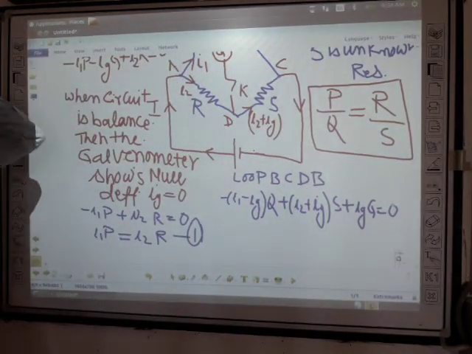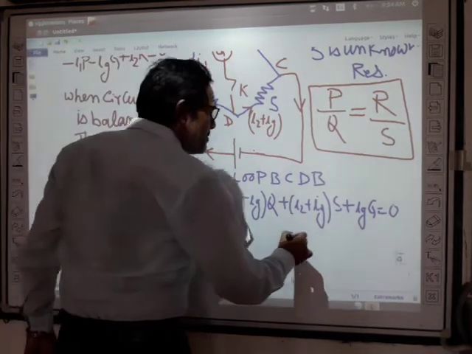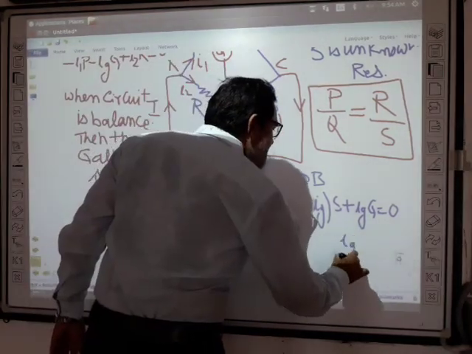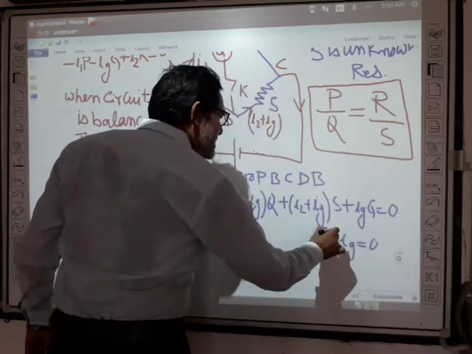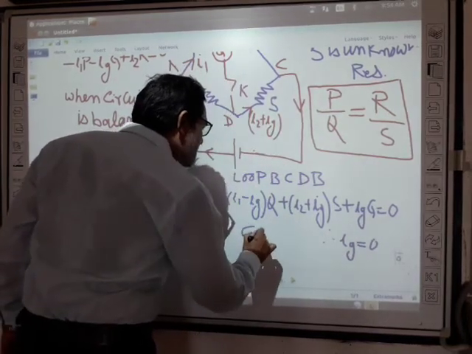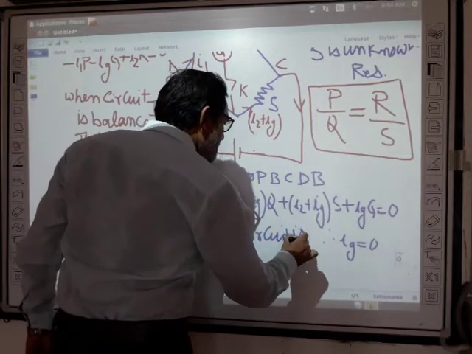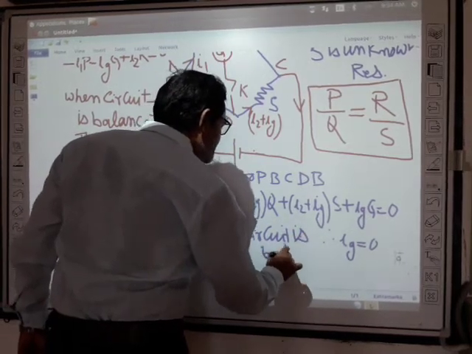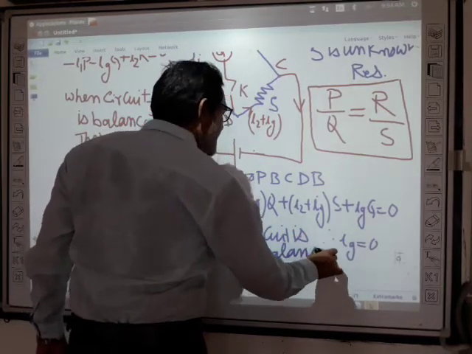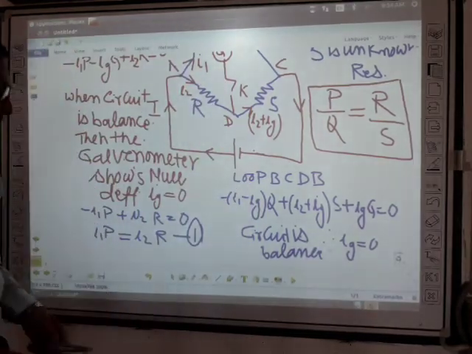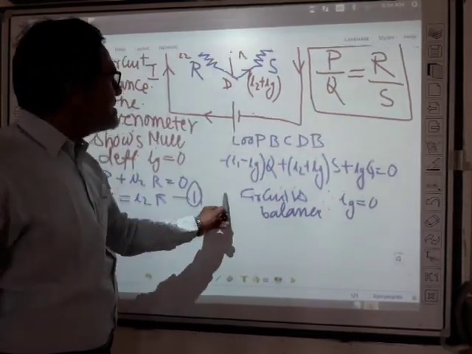Again apply the same balance condition, Ig is equal to 0 since the circuit is balanced. So substitute the value of Ig here.